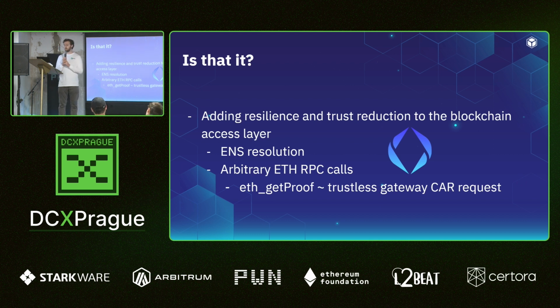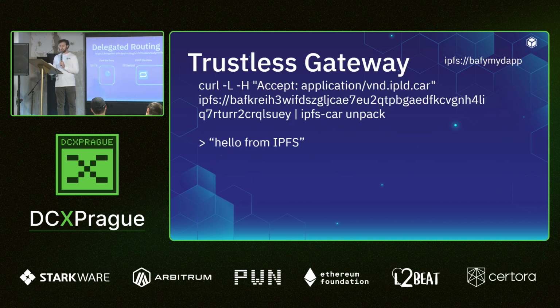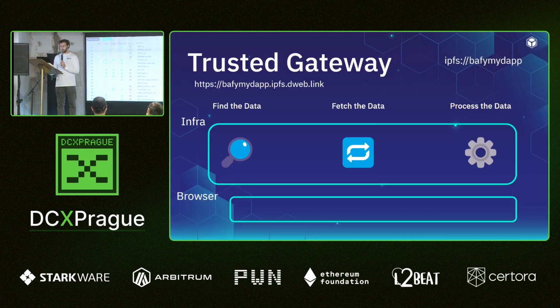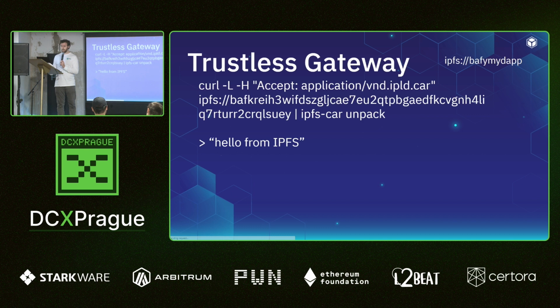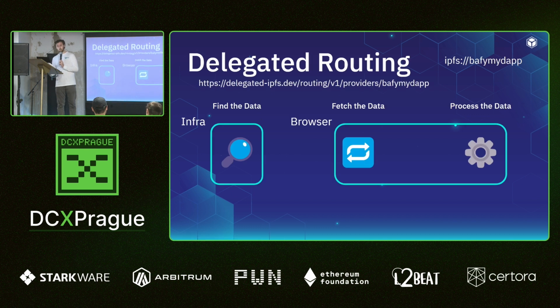Roughly the same pattern that we've been doing here: we move from asking Infura for all my data, with no way to verify it, to asking them for data that I can verify, and they fetch the data for me, to maybe I just ask some resource where the data is, and then I find it, fetch it, and process it, right?